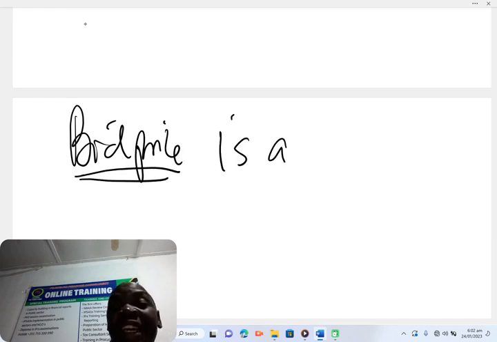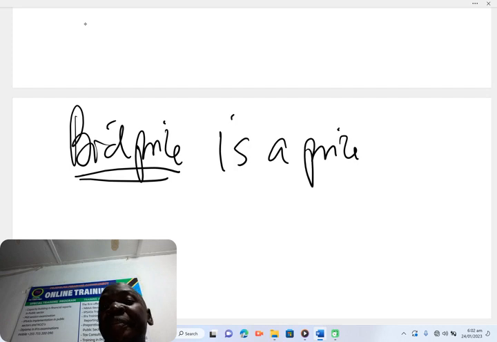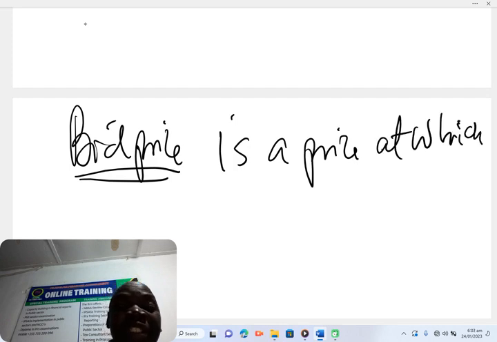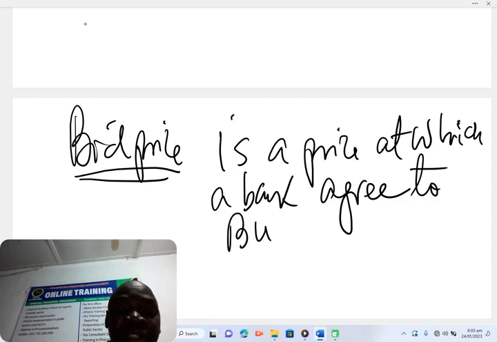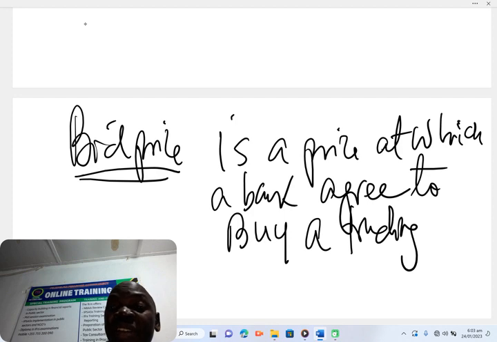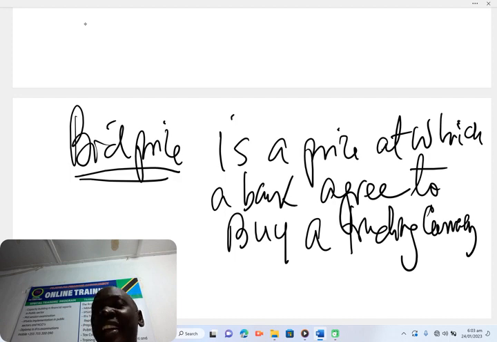It is a price at which a bank agrees to do what? To buy a trading currency. So in this particular case, to buy dollar, to buy one trading currency.